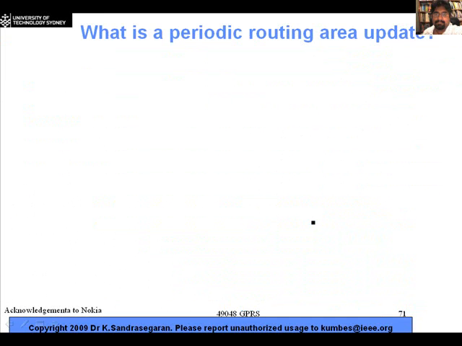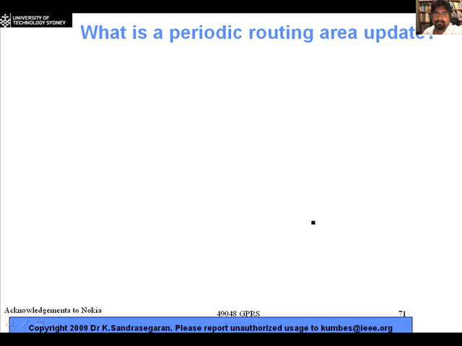Now there's also something called periodic routing area update. In GSM there's something called periodic location area update. If you've left your mobile phone idle in a position, you see that sometimes your idle mobile does a periodic location area update.